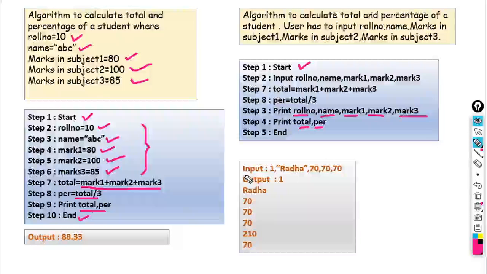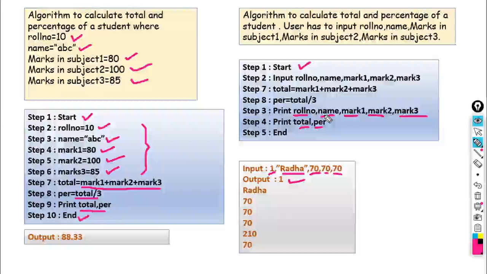So how will it get executed? Suppose the input given by the user is 1 for roll number, Radha for the name variable, and 70, 70, 70. These three are the marks in 3 subjects. Then how will our algorithm work for this input data? It will give output like this. First it gives you 1, because we have printed the value of roll number, and the value we gave for roll number is 1.